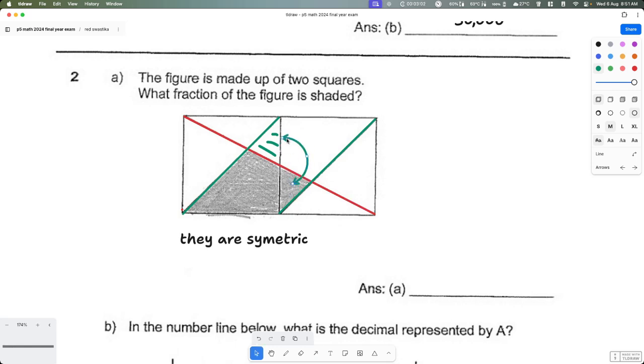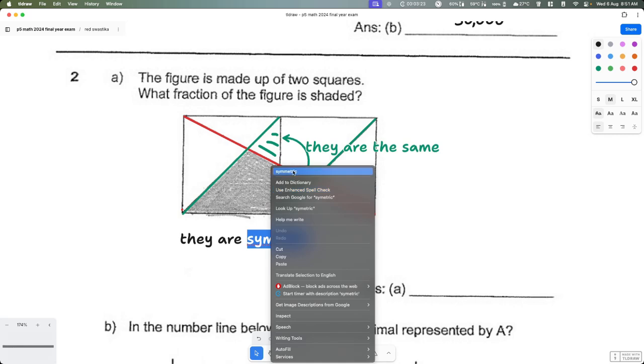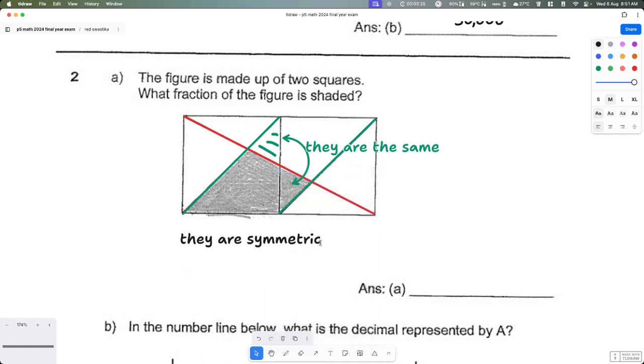These two arrows are the same in this case. So that means this is half of one square. They are symmetric. So that means shaded is equal to half of a square.